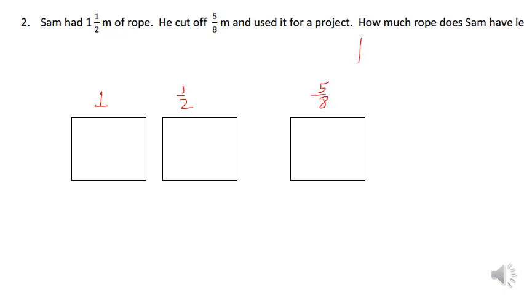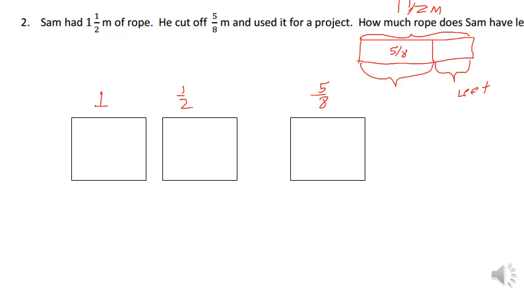Now if I look here at a tape diagram, this here is 1.5 meters, it says that he cut off 5/8, and he wants to know what is left. So this tape diagram helps us determine what we need to do. So we can see we need to subtract 5/8 from 1.5.